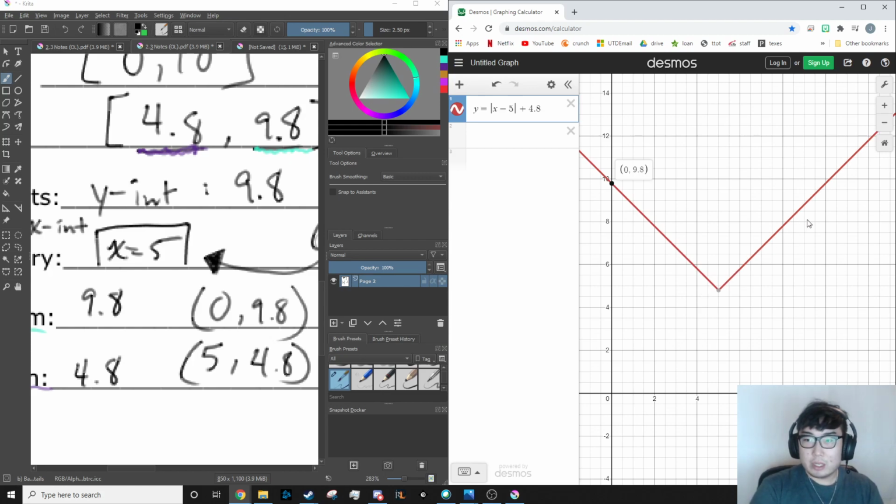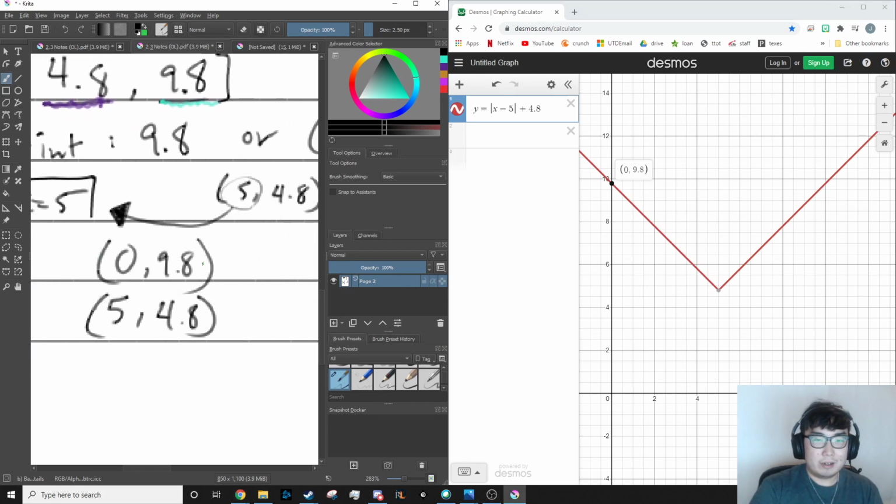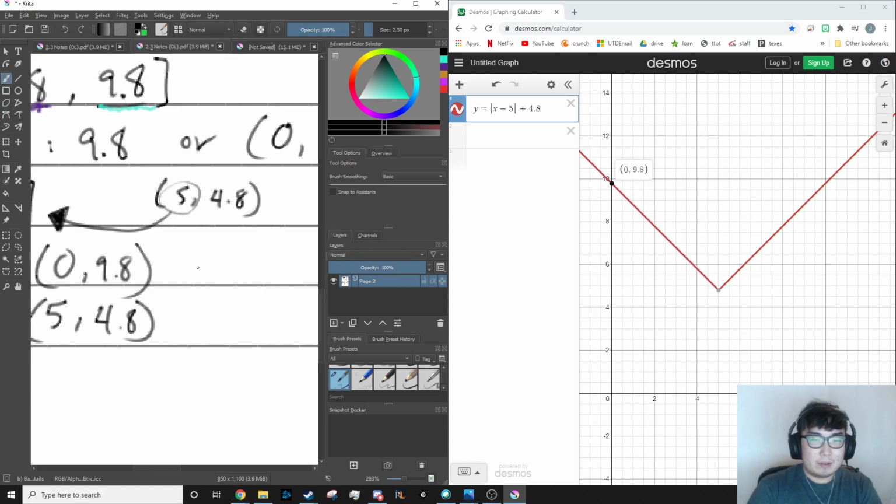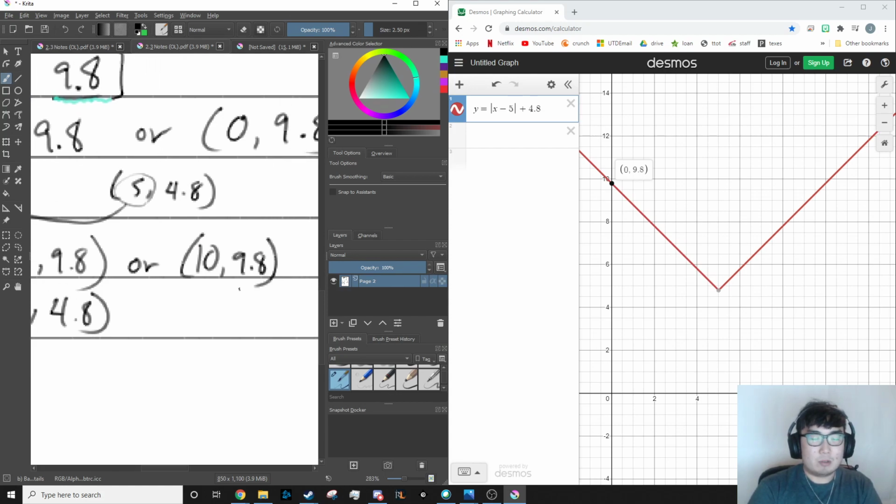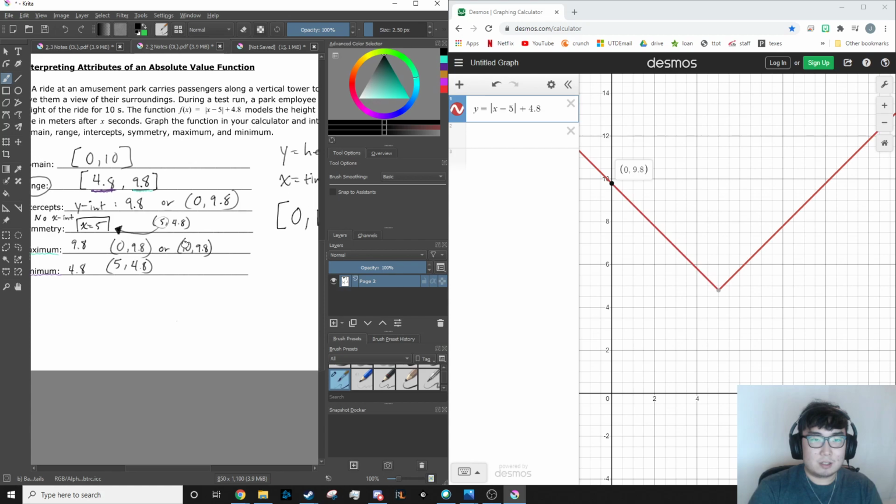Yes, that's true. And it's actually right here. I also get (10, 9.8). So if I write it as an ordered pair, I have to write both, because both of these have the maximum value between the interval of 0 seconds to 10 seconds.